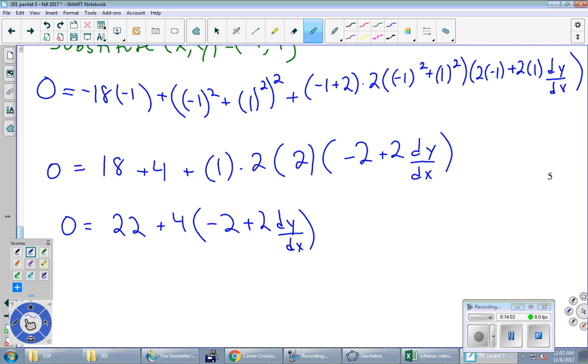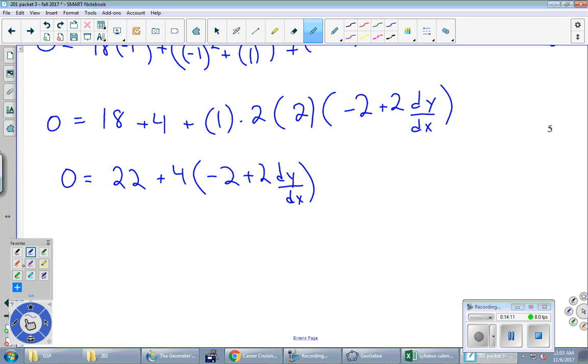Remember, the goal is to get dy/dx by itself. That's what we're going to figure out the value of, and whatever we get is going to be the slope of that tangent line. This is pretty straightforward from here. We will subtract the 22. If you want, you can distribute the 4, or you can do the thing that Daniel had suggested and divide by the 4. I'm going to distribute the 4 here. So negative 8 plus 8 dy/dx.